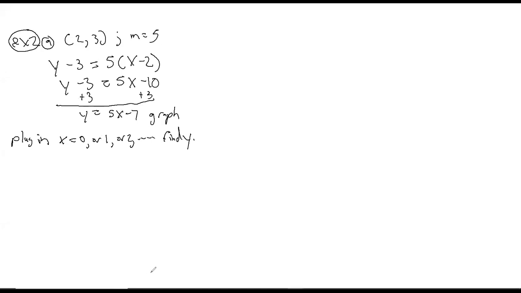However, I want to go over a slightly different way, if it'll let me type. There we go. Given the slope as a fraction, slope is rise over run.